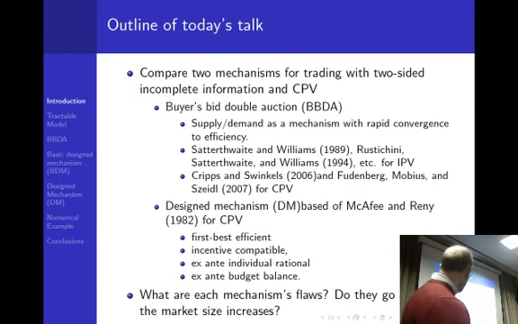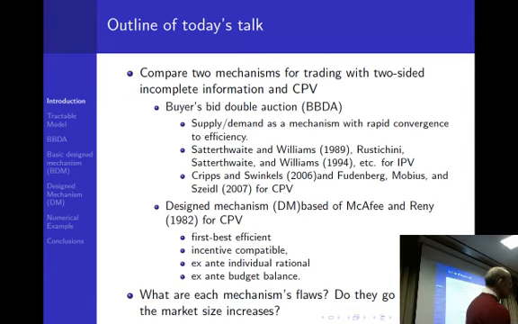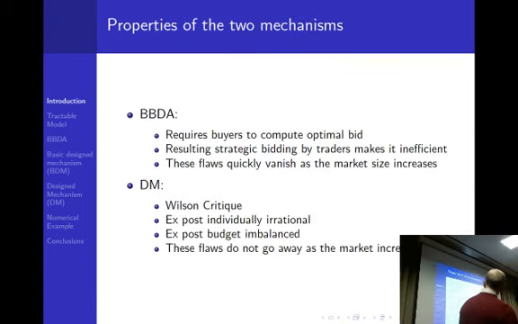So I want to talk about what are each mechanism's flaws, and I think very important, do they go away as market size increases? And so, what are the properties of these two mechanisms? Just a preview. Well, gee, if you play something like the buyer's bid double auction, I'm going to define it in a second, you've got to compute an optimal bid. And quite truthfully, that's not necessarily easy.